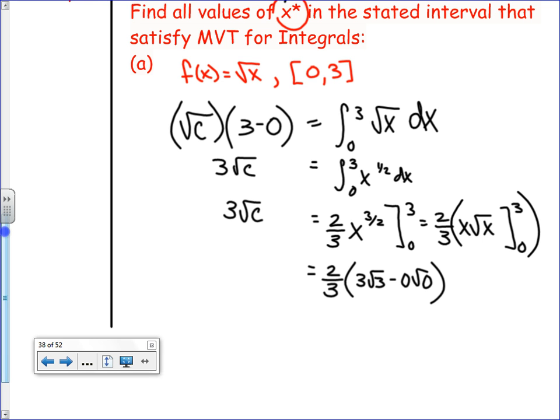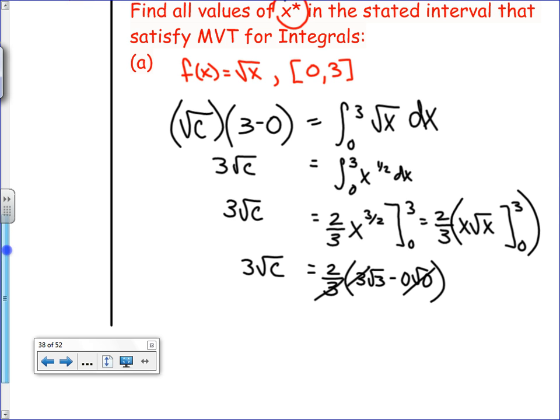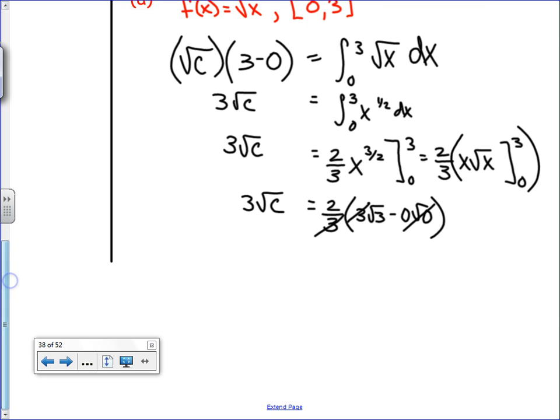Well, that's nice because 0 root 0 is just 0. 3 root 3. Well, the 3's cancel with the 2/3. It's algebra right now, kiddos? Uh-oh, right? Algebra. Divide by 3. Divide by 3.